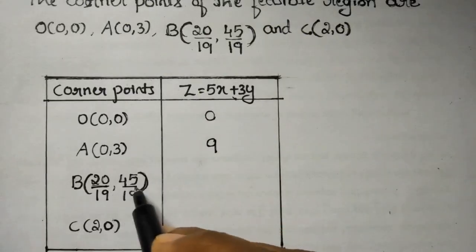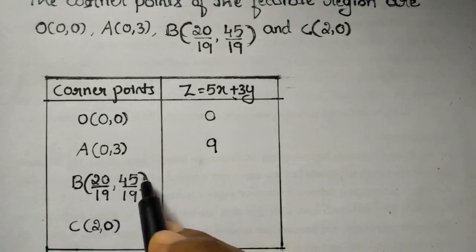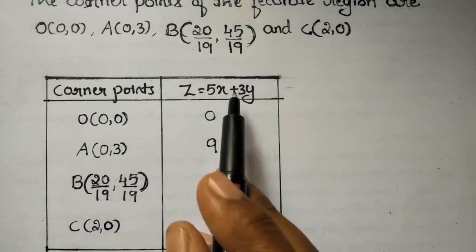For the third point, put x is equal to 20 by 19 and y is equal to 45 by 19 in this equation.